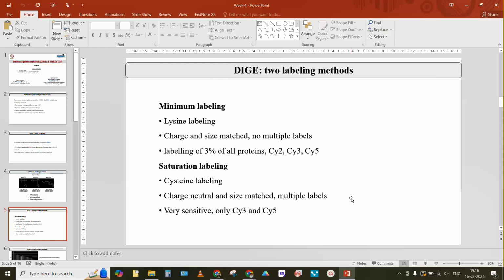I will give you the reason for that: we are aiming for a very small amount of protein to be labeled, which will be covered in the next slide. The saturation labeling is done using cysteine tagging. The amino acid cysteine is targeted for labeling, and the dye is charge neutral and size matched. Multiple labels are used, so it is very sensitive and used only for Cy3 and Cy5 labeling. Saturation labeling is not too widely used, but it is another method one can use for labeling proteins in DIGE methodology.